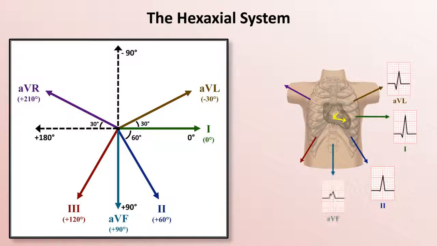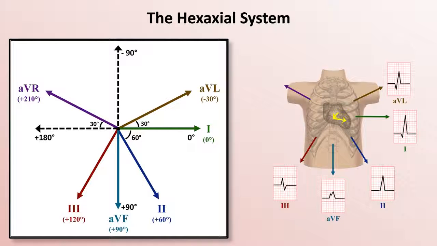In AVF, both the first and second depolarization vectors are in a similar direction as the lead. Therefore, both deflections are positive, but are relatively low amplitude. In lead 3, the first depolarization vector is in nearly the same direction as the lead, so the initial deflection on EKG is positive and large relative to the initial deflection in other leads.